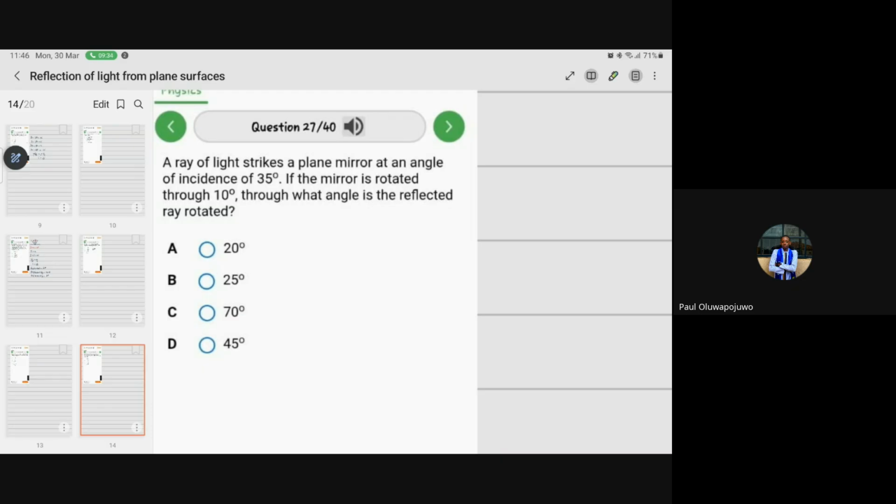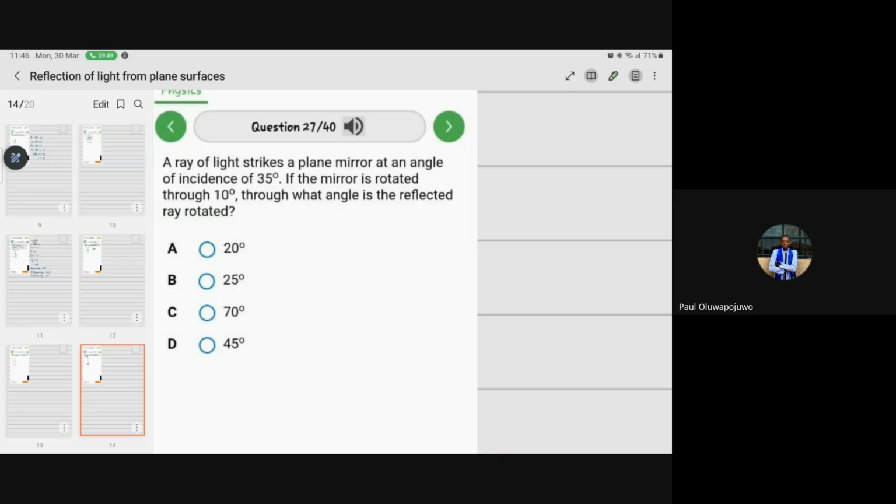So that angle will be the incident ray plus the angle of rotation.